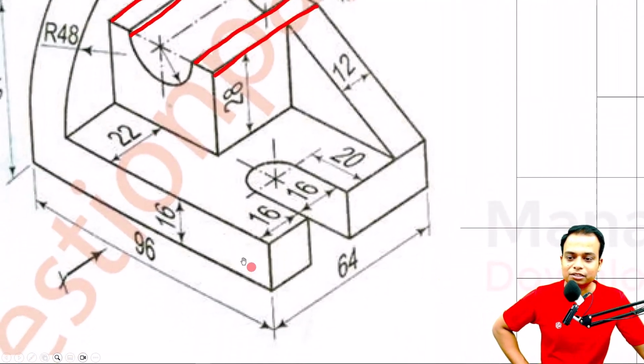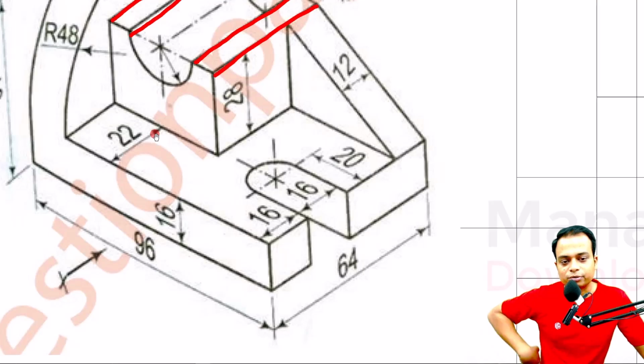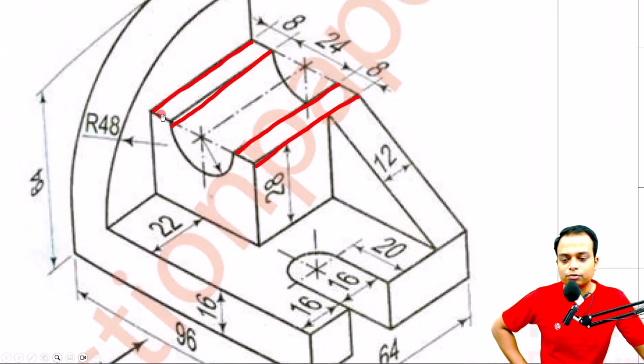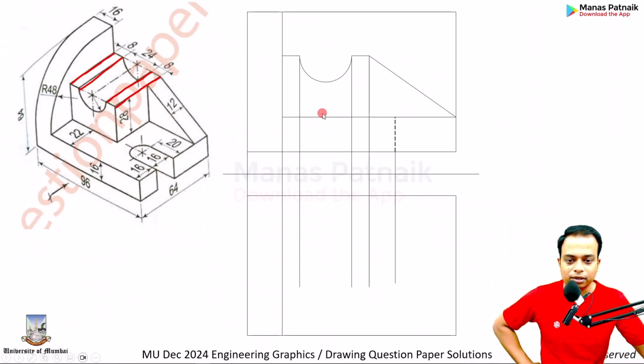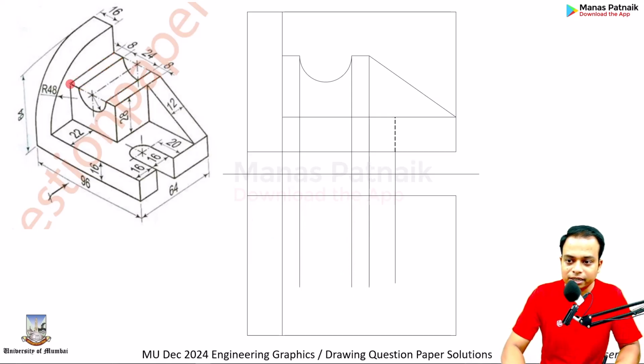Take a look. 64 minus 22. 64 minus 2 is 62, and then minus 20 will give you 42. So that's 42, 42, 42, 42. And these distances can be referred from over here. So these are all 42, 42. Okay, I hope you got this. And then you can draw this in the top view, it would look like this. So damn easy. We are almost done.